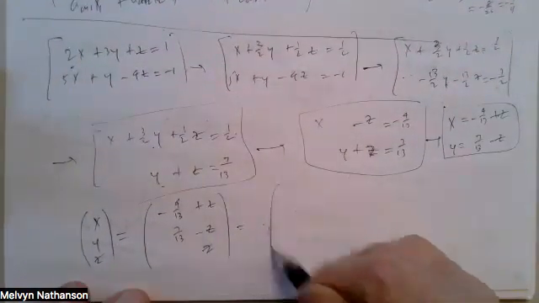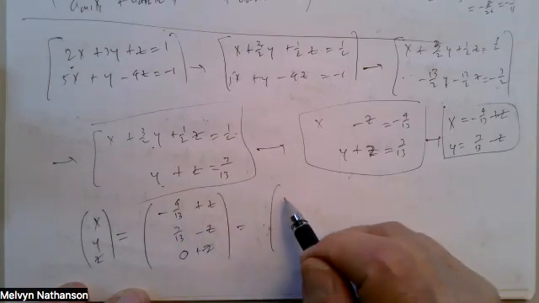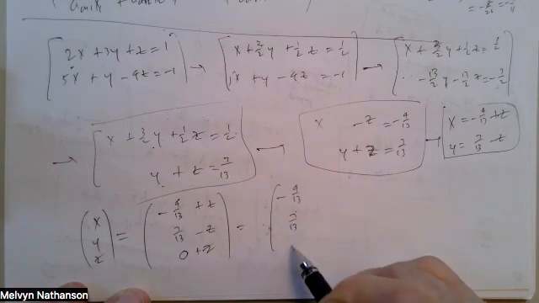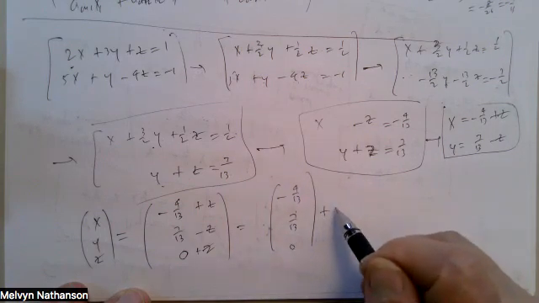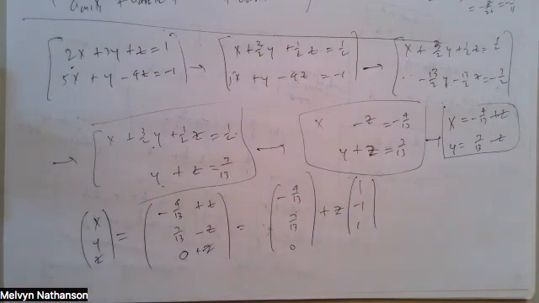And I can write this as follows. You can always add a 0. This is the fixed vector minus 4 over 13, 7 over 13, 0, plus z times the vector 1, minus 1, 1.